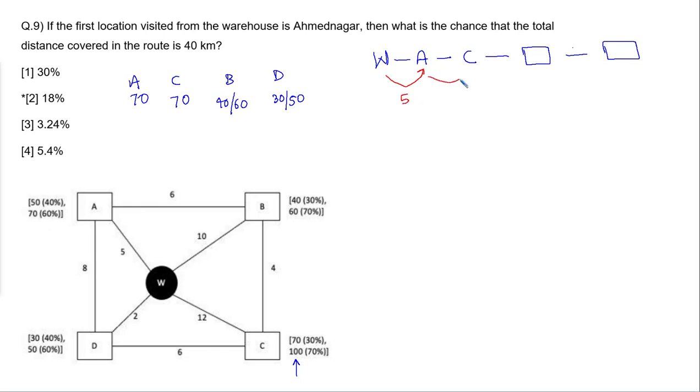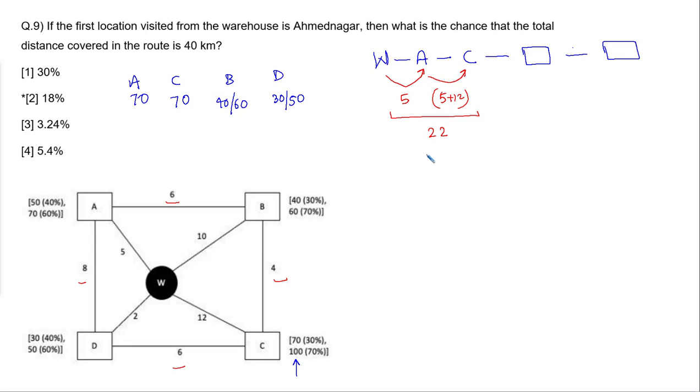After that, A to C, the distance traveled is 5 plus 12, because we cannot revisit location B or location D. That is why we cannot take this 6 plus 4, this 8 plus 6 distance. That is why the only possibility is 5 plus 12. The total addition till this is 22.